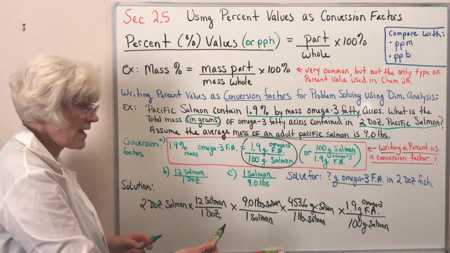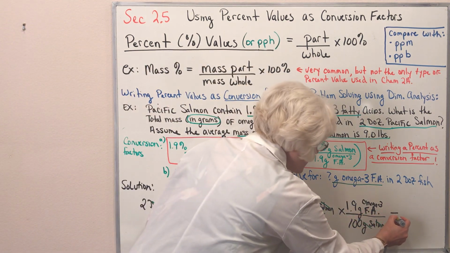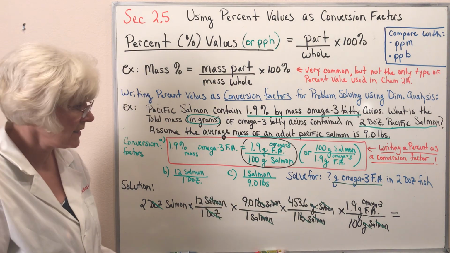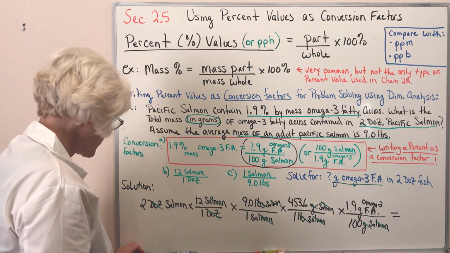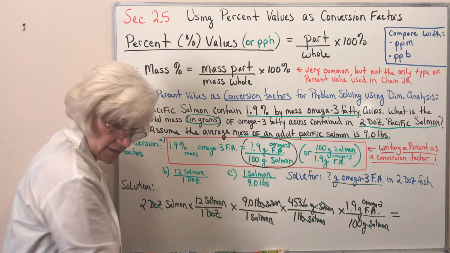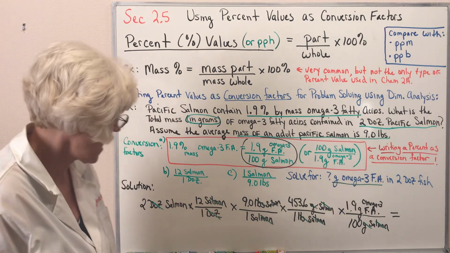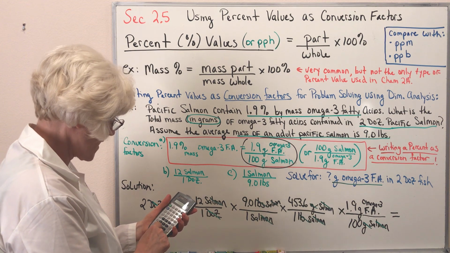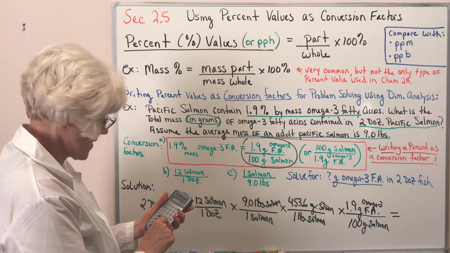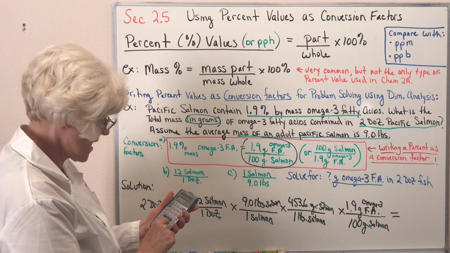So the dimensional analysis, the unit operation, is telling us we have achieved the goal and solved for grams of omega-3 fatty acids. What's left is to operate on the numbers in the setup and double check our answer. So I'm quickly doing the calculation.